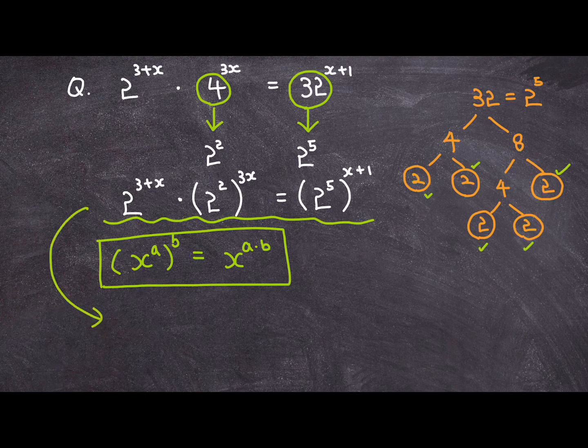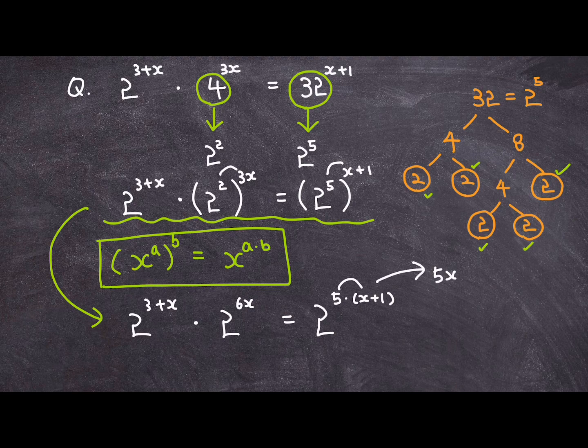Now I have 2 raised to the power of 3 plus x, times, I'm going to multiply these two, 2 raised to the power of 6x, is equal to 2 raised to the power of, I'm going to multiply these two, 5 times x plus 1, or it's equal to 5x plus 5.